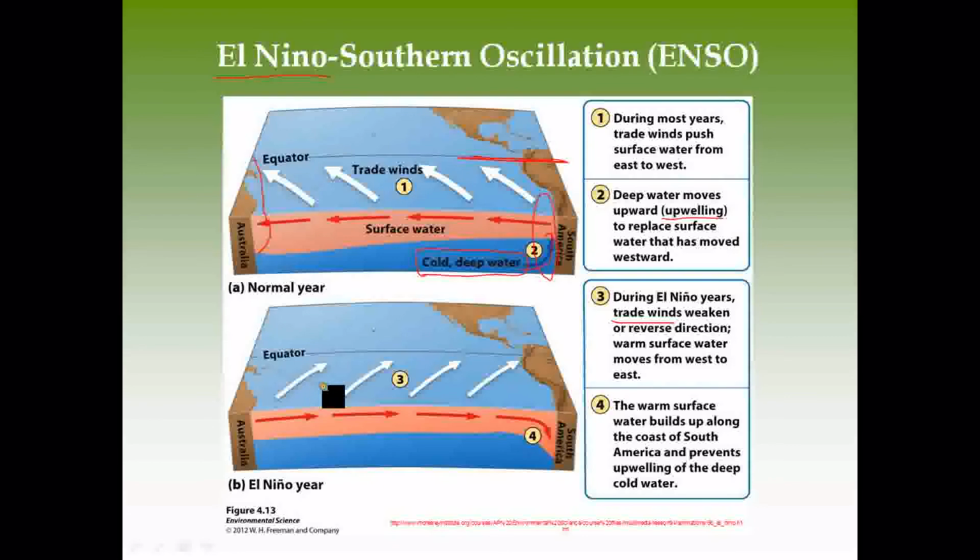During an El Nino year, the first thing that happens is the trade winds weaken. So now this warm surface water is not being pushed from east to west, but rather it's enabling the warm ocean waters to stay on the surface. Now there are no upwellings. It prevents upwellings.